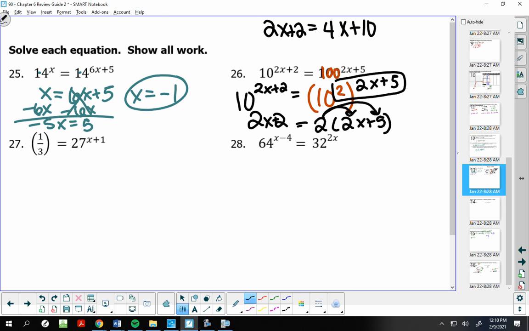So I'm going to move my x terms to the right. 4x minus 2x is 2x. I'm going to move my constants to the left. So 2 minus 10 is negative 8. And negative 8 divided by 2 is negative 4.